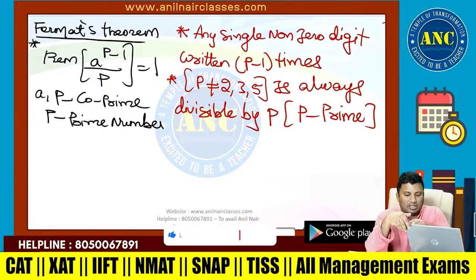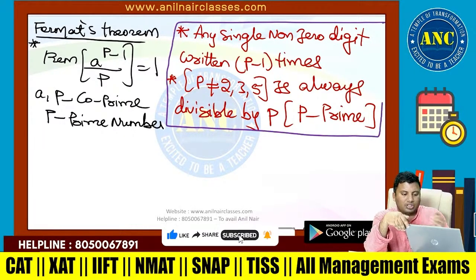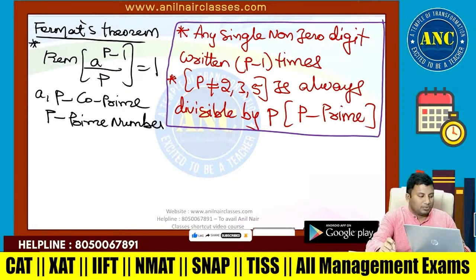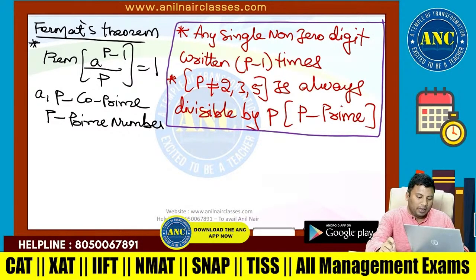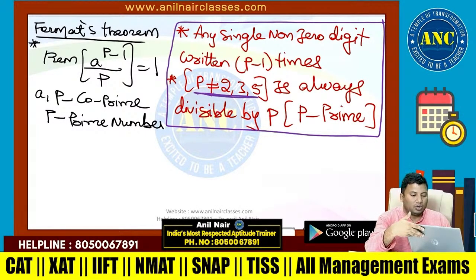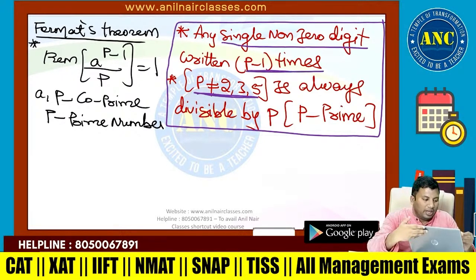For me, the important key point is p is not 2, 3 or 5 and a single non-zero digit is written p minus 1 times. Why is it happening?